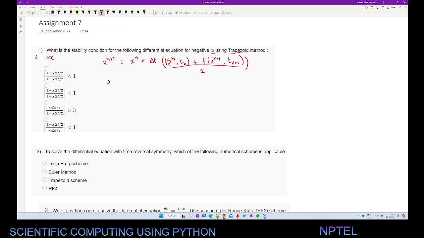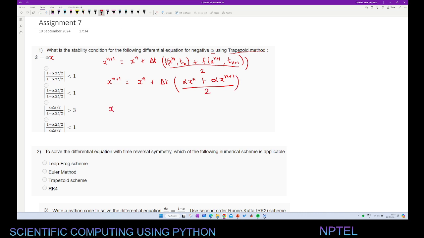I think we have done this last time also, but let's do it again. And f is just alpha times x. So this is alpha x_n plus alpha x_{n+1}, divided by 2.